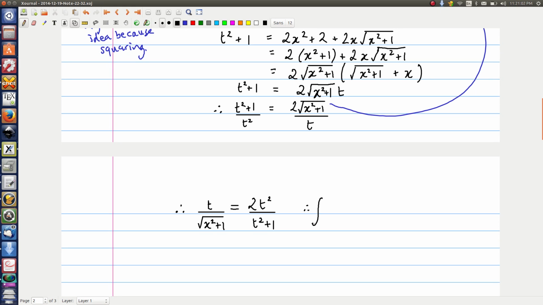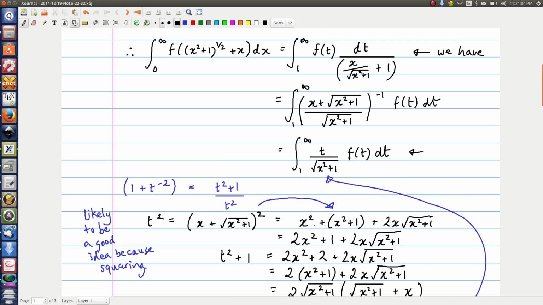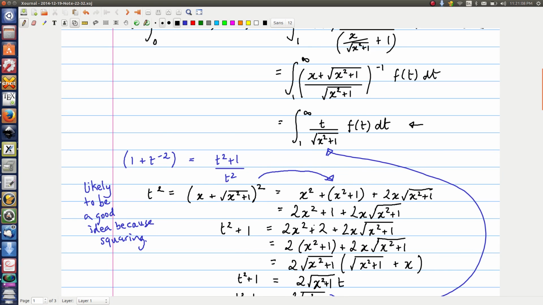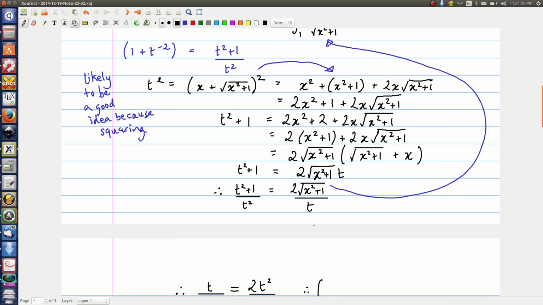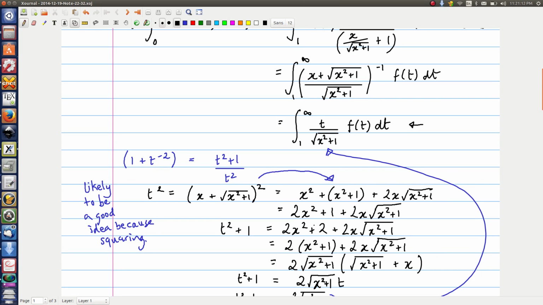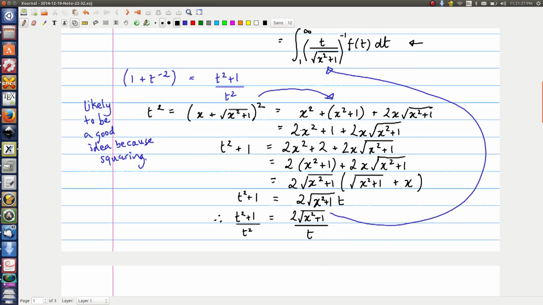Therefore, the integral we had before would be from 1 to infinity t over root x squared plus 1. Oh, hang on. I forgot to do the minus 1 power here, didn't I? My mistake, sorry. There's a minus 1 there. So let's write it in the correct form.